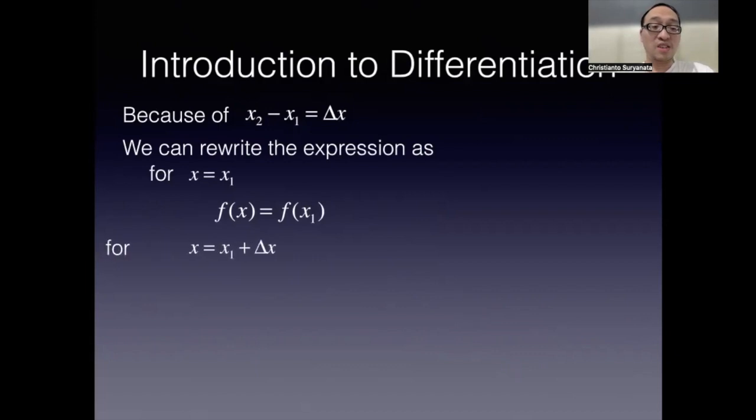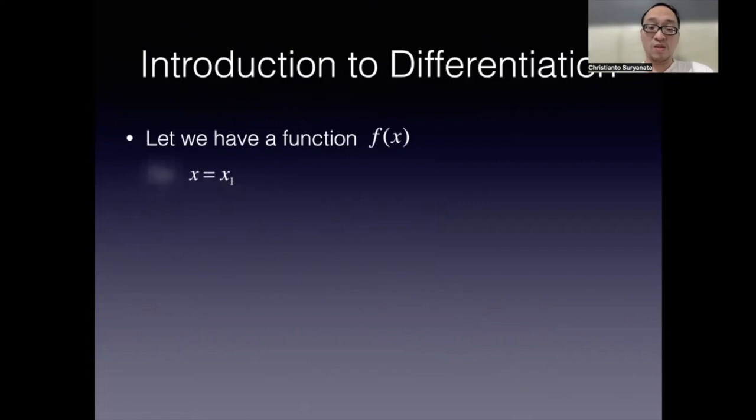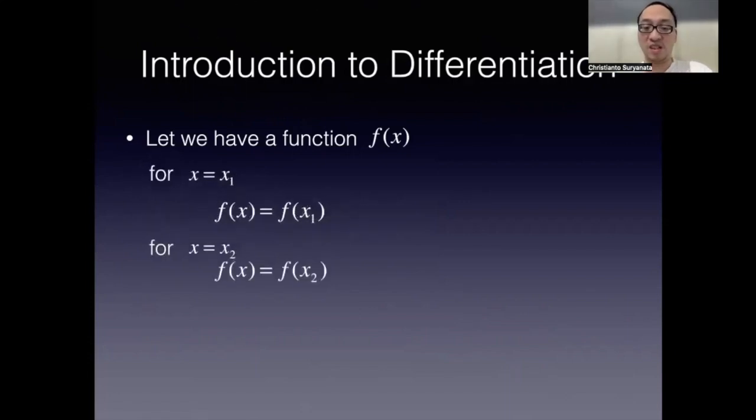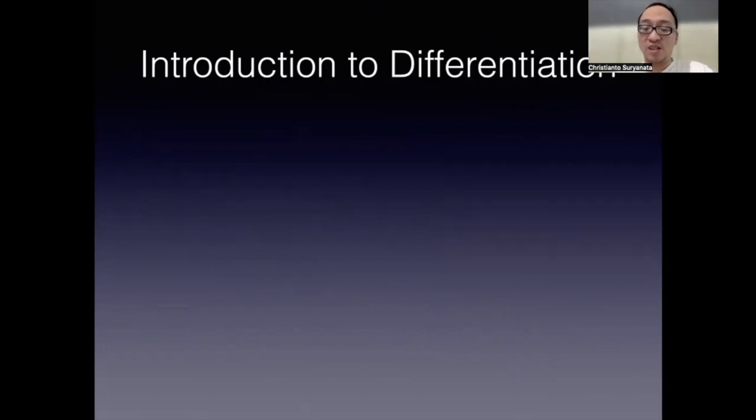And x2 is x1 plus delta x, because from the graph before, between x1 and x2 there is a separation of delta x. So delta x is x2 minus x1.